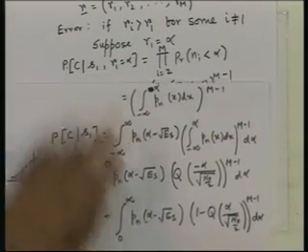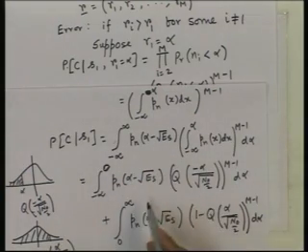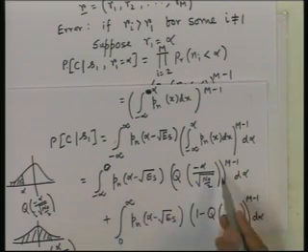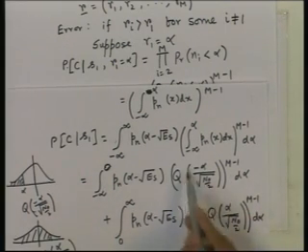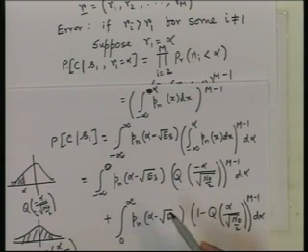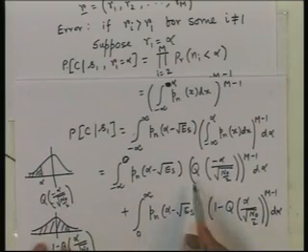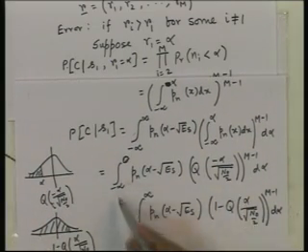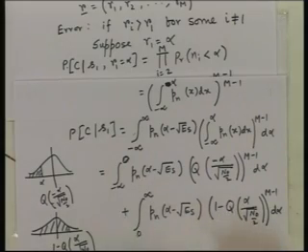So, this is actually good enough, since we have written it in terms of our known Q function, but this still does not allow us to compute the integration, because the Q function does not have a closed form expression. We can compute it numerically, and there are also tables for the values. So, the only way to compute this will be by numerical integration.